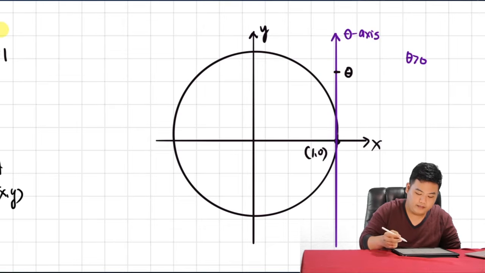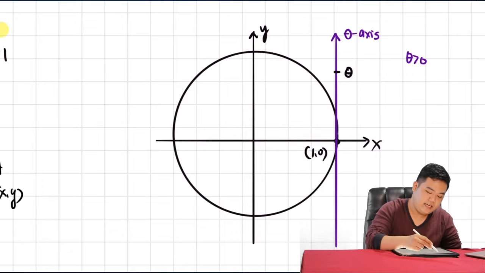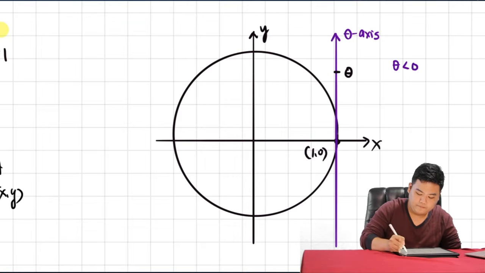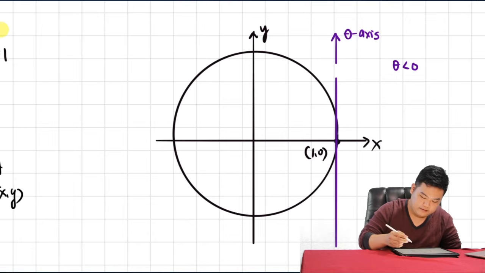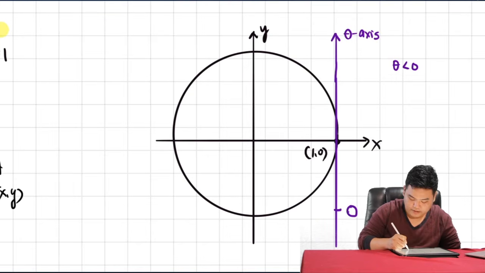Okay. And what happens if theta is negative? So, if theta is negative, so that is less than 0. Theta is less than 0. So, yung theta na natin, andito na siya sa ilalim.